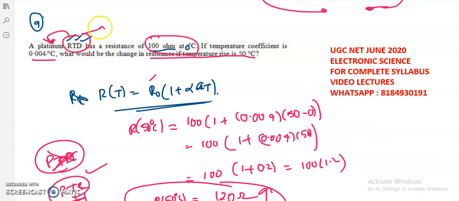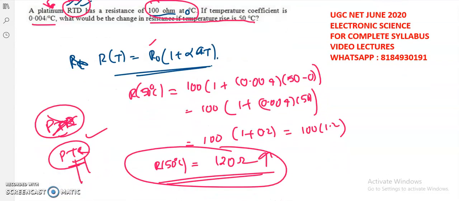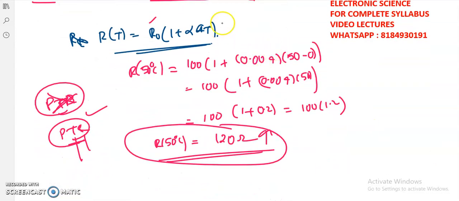But if the RTDs are manufactured with semiconductor materials, semiconductor materials have the NTC, negative temperature coefficient resistance. That means if you increase the temperature, then the resistance will decrease. So if the RTD is manufactured with semiconductors, which have the property of negative temperature coefficient resistance, then the formula simply changes: instead of plus, here we will get minus.